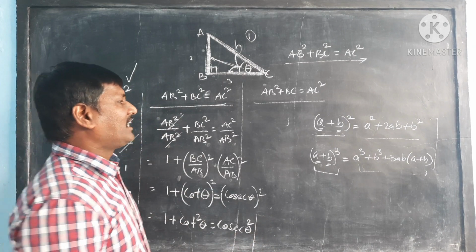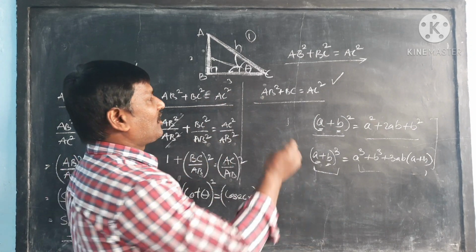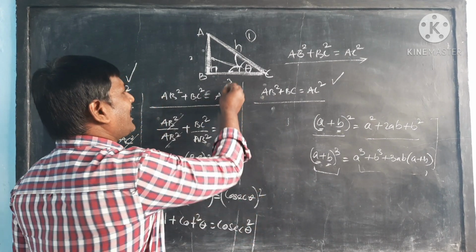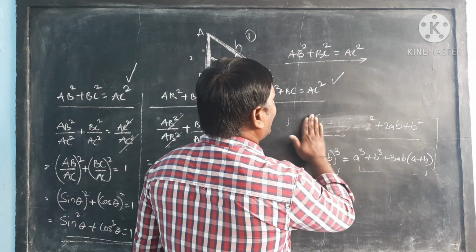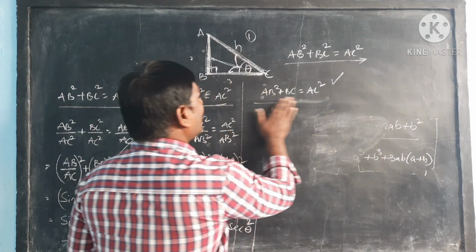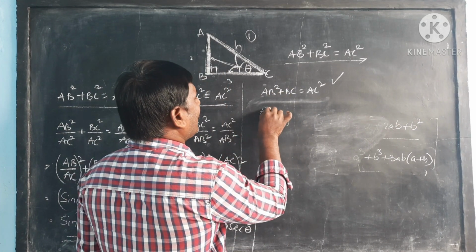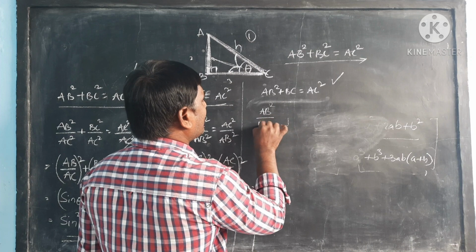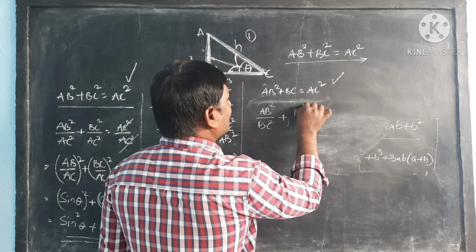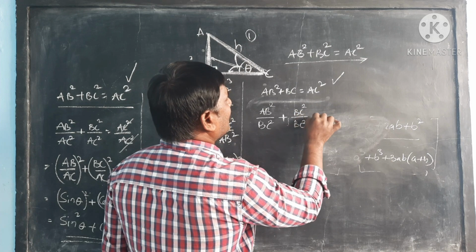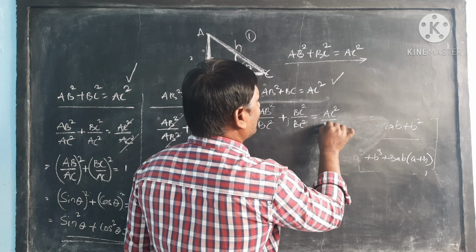There is another identity you can derive from the same theorem by dividing by another side, that is side 3, which is BC. Now you have to divide BC square into each term of the above equation. You get AB square by BC square plus BC square by BC square is equal to AC square by BC square.